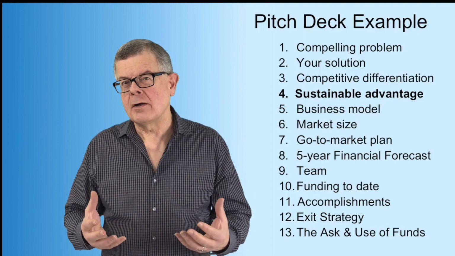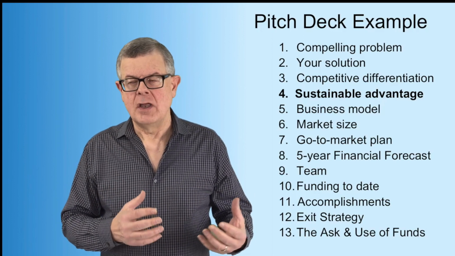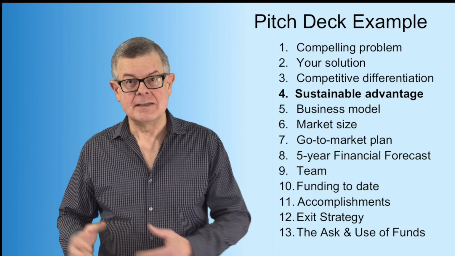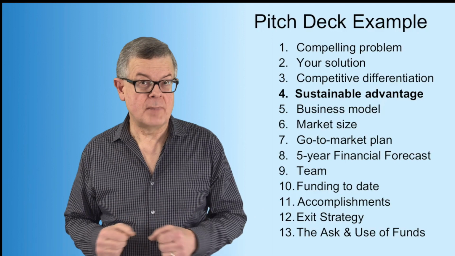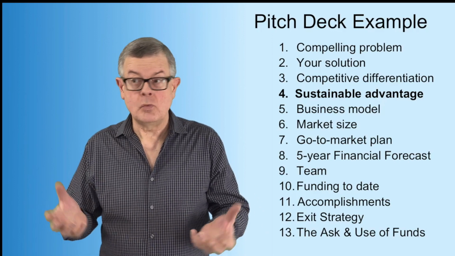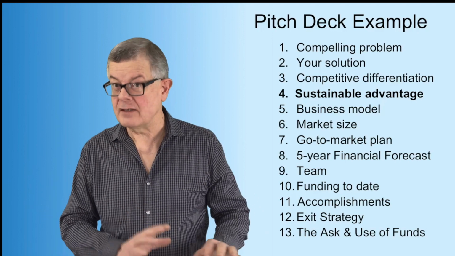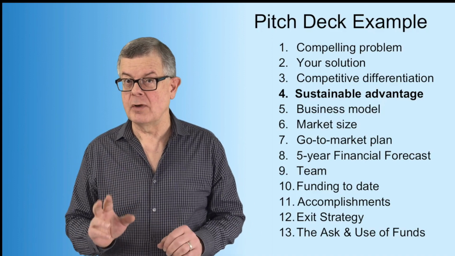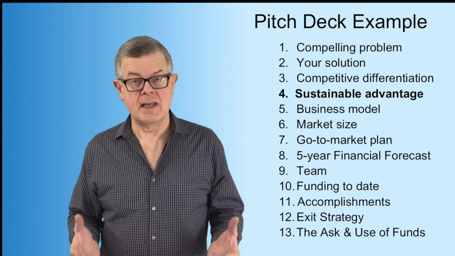So what are your more sustainable advantages? You can build advantages that are harder to clone, harder to copy, to give you a longer term competitive advantage. One example would be a patent. If you have an effective patent that really does keep competition from having all the benefits that your product does, that's a longer term sustainable advantage.